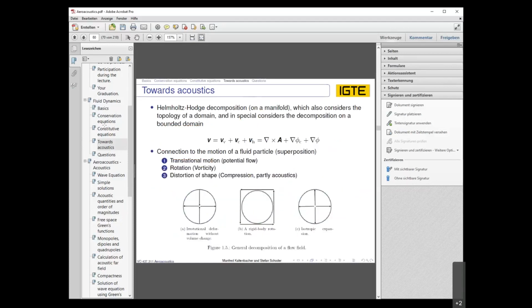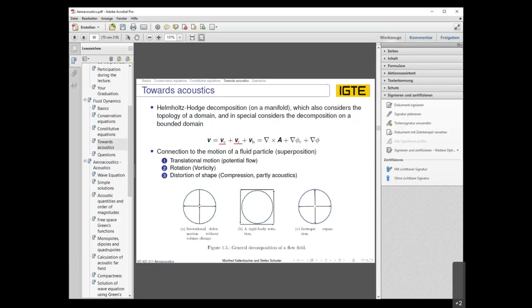Maybe some additional background on Helmholtz decomposition. If you're doing a Helmholtz decomposition in infinite space, it means that we have just two parts, a vortical part and a compressible part. At low Mach number, this compressible part is acoustics. At low Mach number, the vortical part is the incompressible flow.